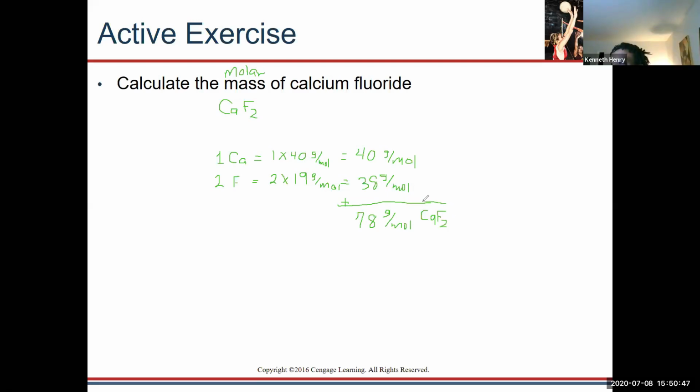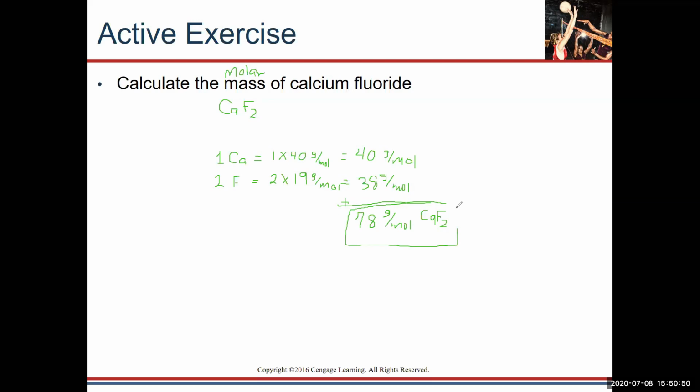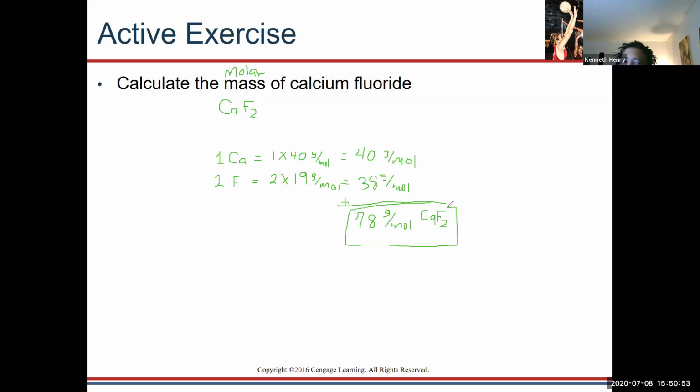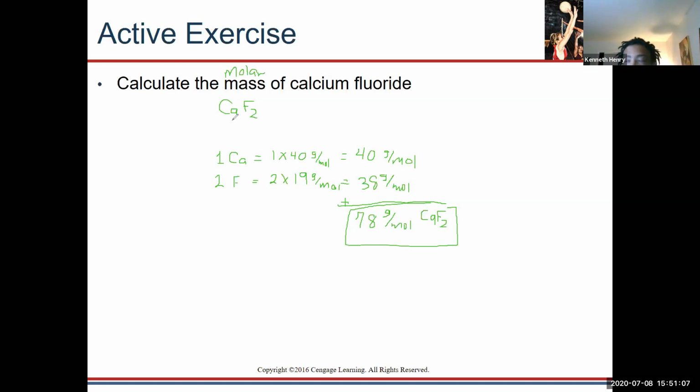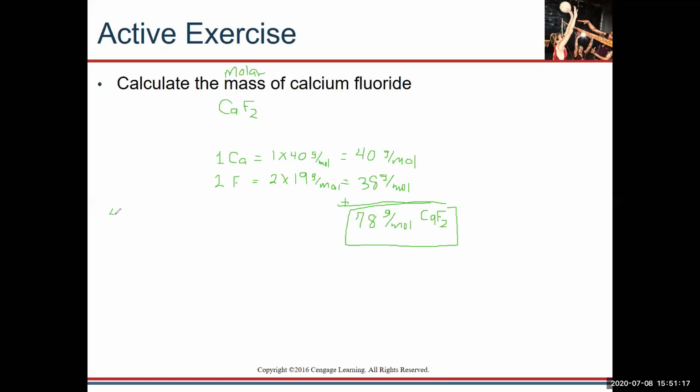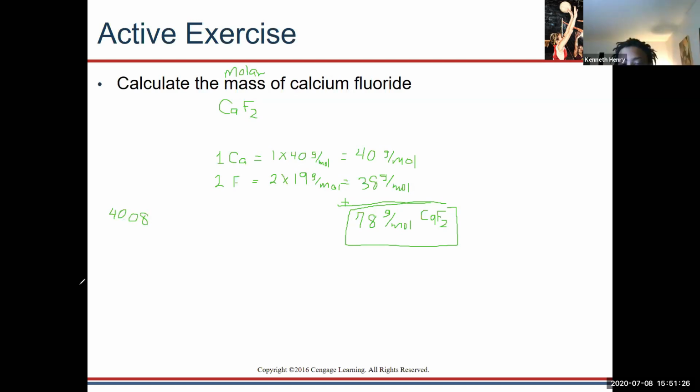Where do you get 1 times 40, Andy? How many calciums do I have? In this formula, how many calciums are here? Calcium weighs 40.08, isn't it? I just rounded because it's so close to 40.